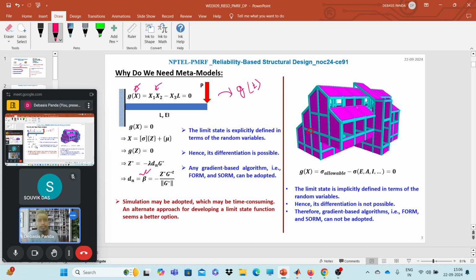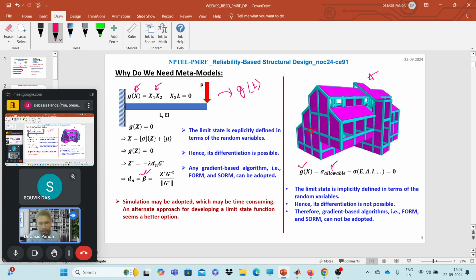Say, for example, a building is modeled using ANSYS SpaceClaim. Now we have the finite element model, and we want to find the reliability of the stress at a particular node. So we can formulate our g(x) like this: g(x) equals sigma allowable for this node, that is your capacity, minus the actual stress induced in this node.